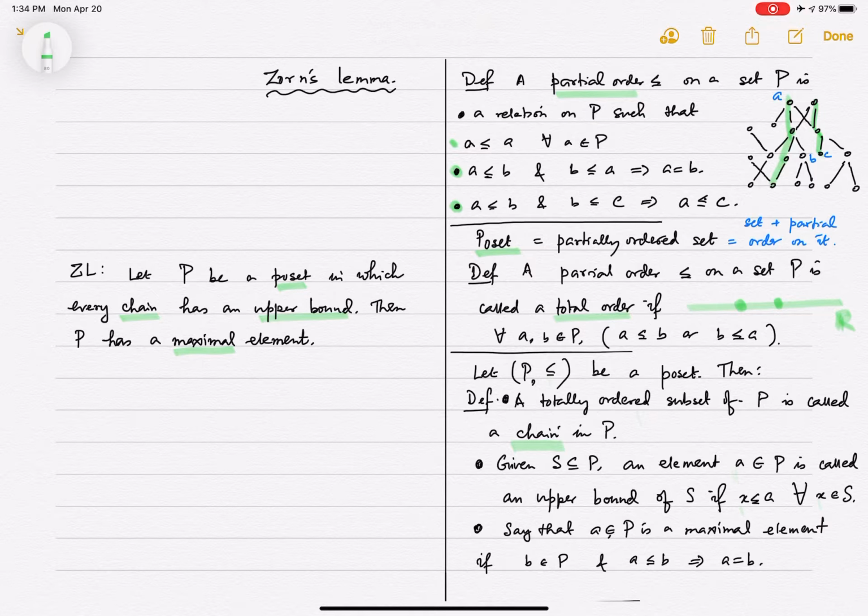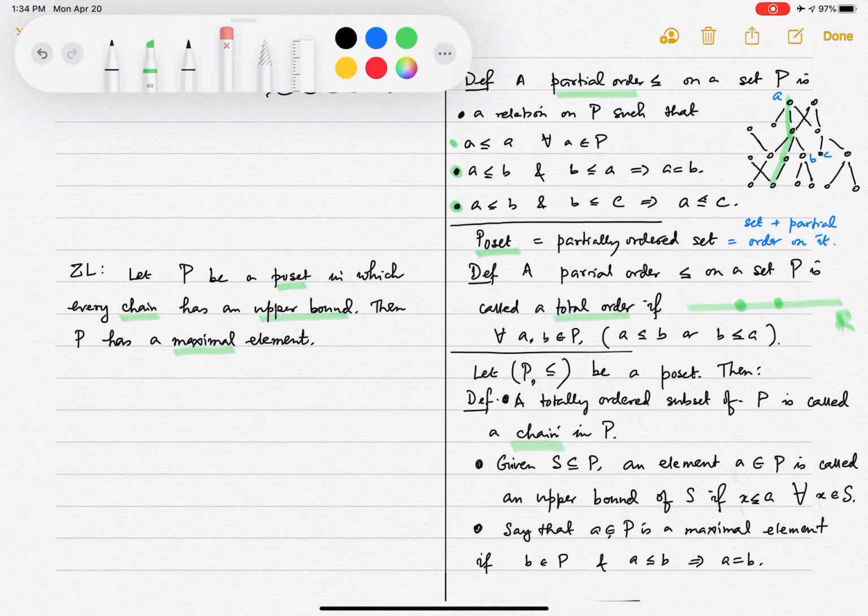But if I add what I have marked out in green now, those 5 dots, that's not a chain, because that 5th dot was not comparable. So that's what a chain means. The name is kind of self-explanatory.